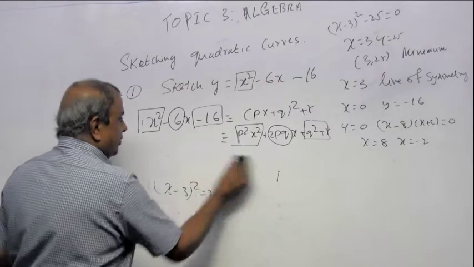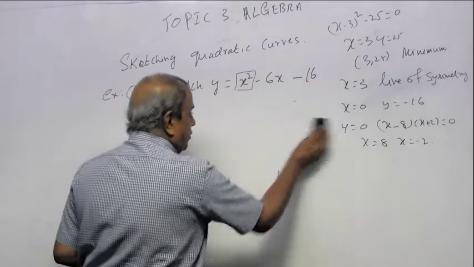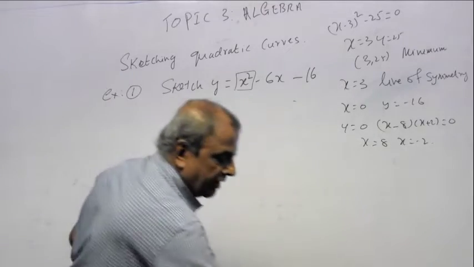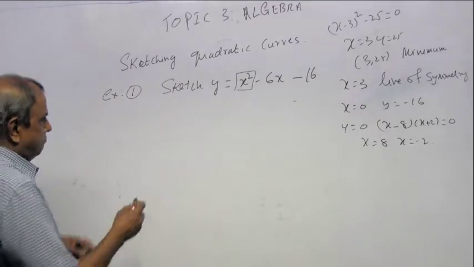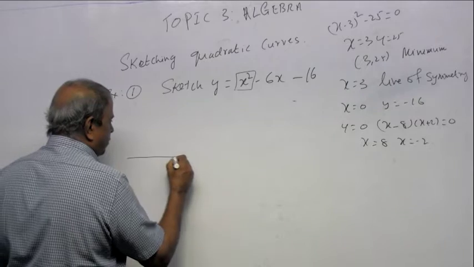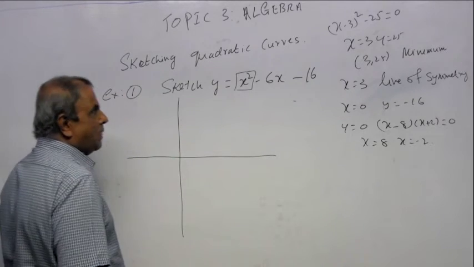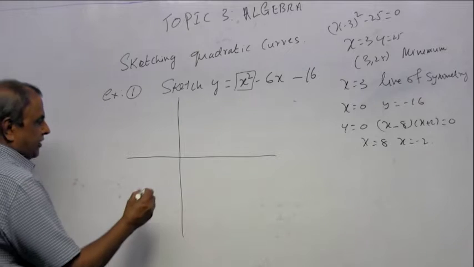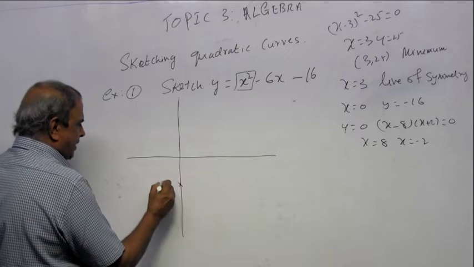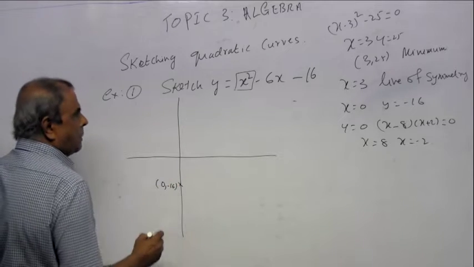Great. So therefore, if I now draw the sketch, it's a freehand sketch. It doesn't have to be exact. So please use a ruler and pencil. Freehand doesn't mean draw the way I'm drawing. When x is 0, y is minus 16. Just put 0, minus 16 somewhere.